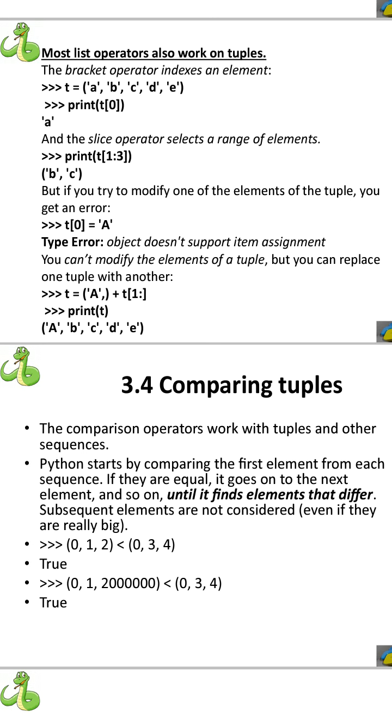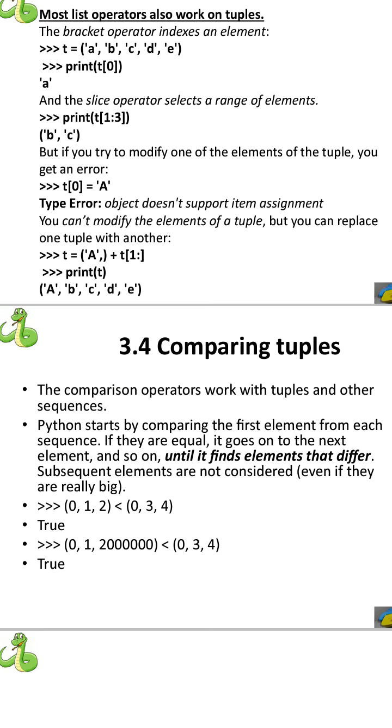Hence T of 1 colon extracts elements B comma C comma D comma E from tuple T. Again, if you observe, our slice operation returned one more tuple. That tuple's elements are now B comma C comma D comma E.